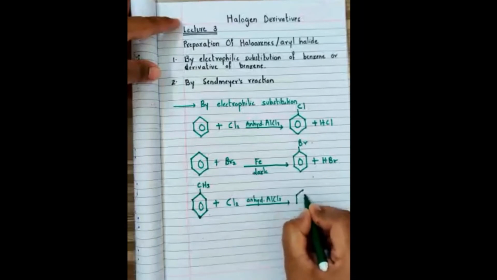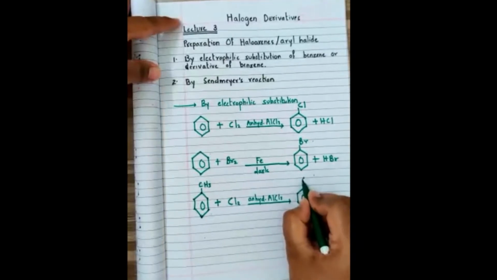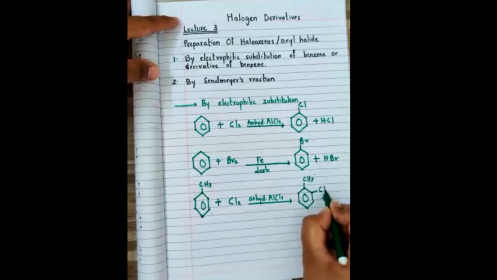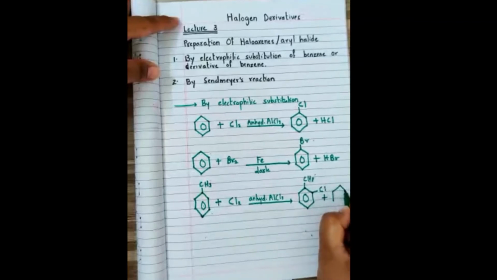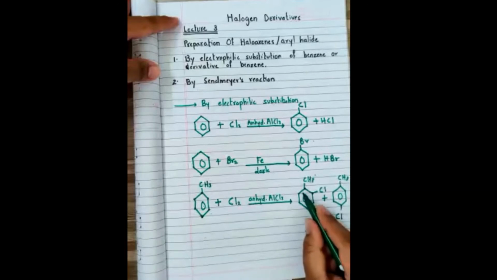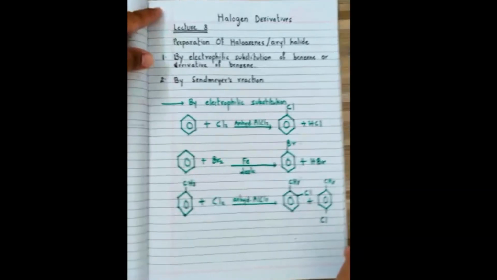Okay, so as methyl is ortho-para directing group, we are going to get the mixture of products which would be ortho-chlorotoluene plus para-chlorotoluene.